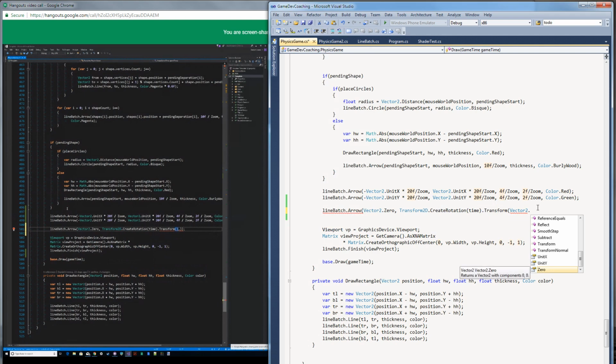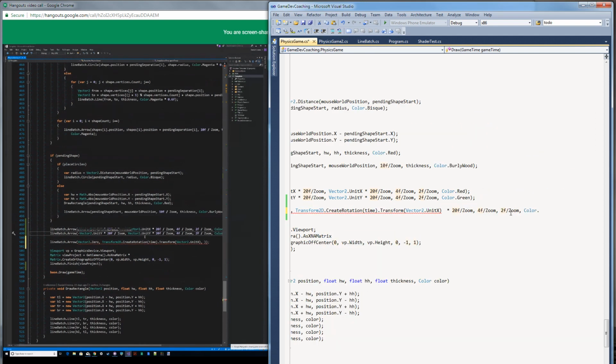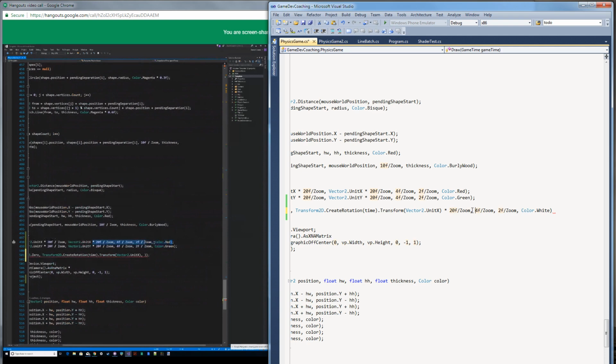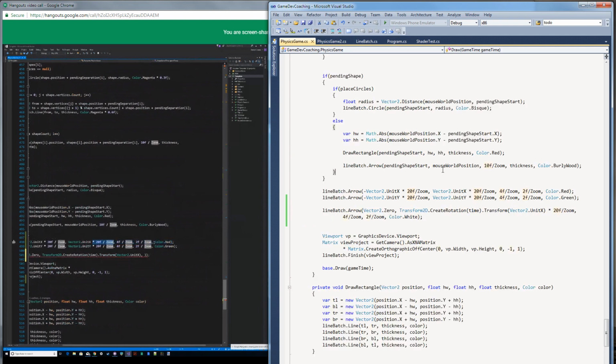So we're going to rotate a unit vector on the x-axis, and then we want this. Basically, we just grab the rest of this line here. Why the x-axis specifically? Well, it doesn't really matter.